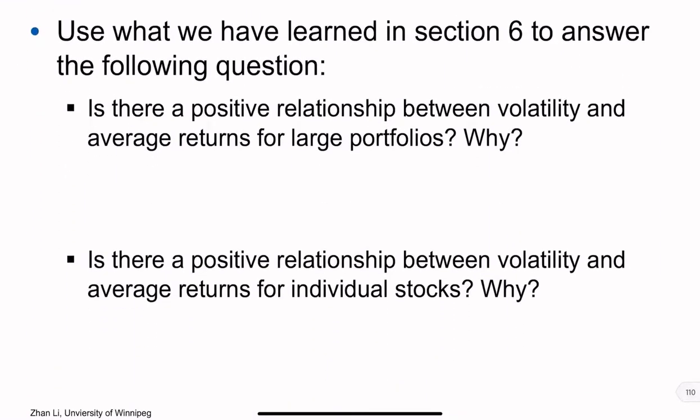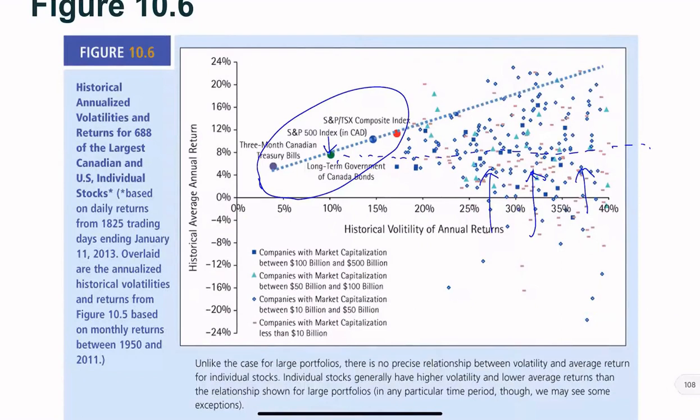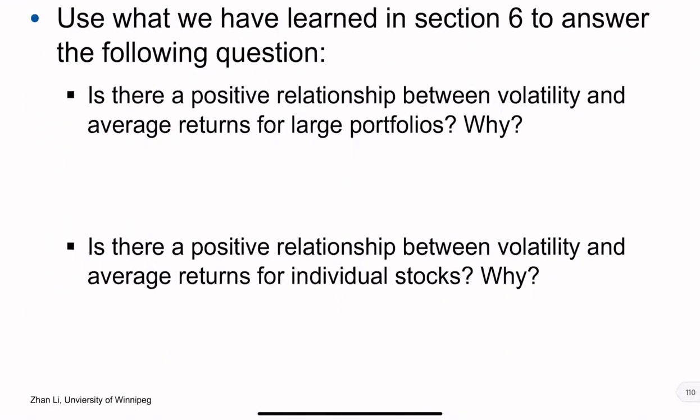Now, the third question, is there a positive relationship between volatility and average returns for large portfolios? Well, if you observe this picture, you can see that yes, there is a positive relationship between return and volatility for large portfolios. Now, the question is why?